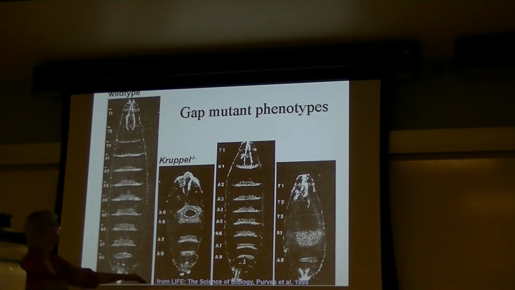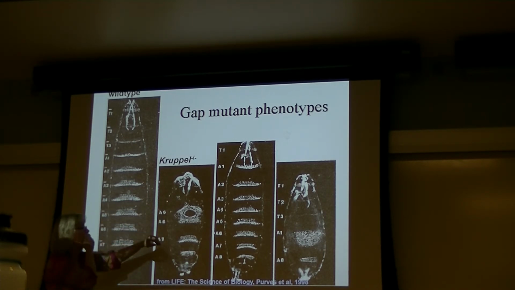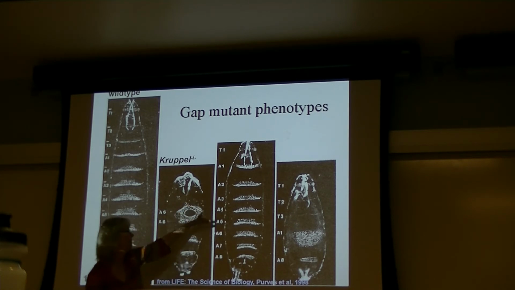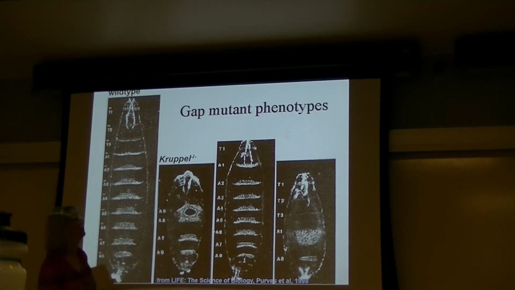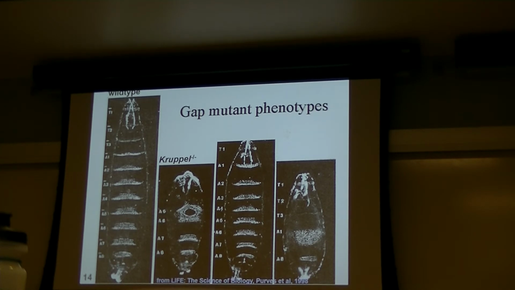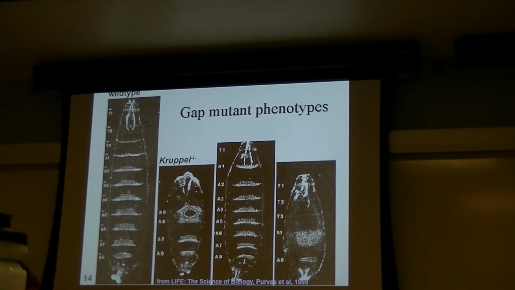This Krüppel here is missing many of the abdominal segments; A1 through A5 are gone. This middle one has A1 through 5 present, but is missing a couple of the thoracic segments. And the one at the far side is missing a different combination of segments. So each gap gene is expressed in a different broad swath of territory, and mutating each gap gene will give you a unique larva with a body pattern disrupted based on where that gene would have been expressed in the wild type.